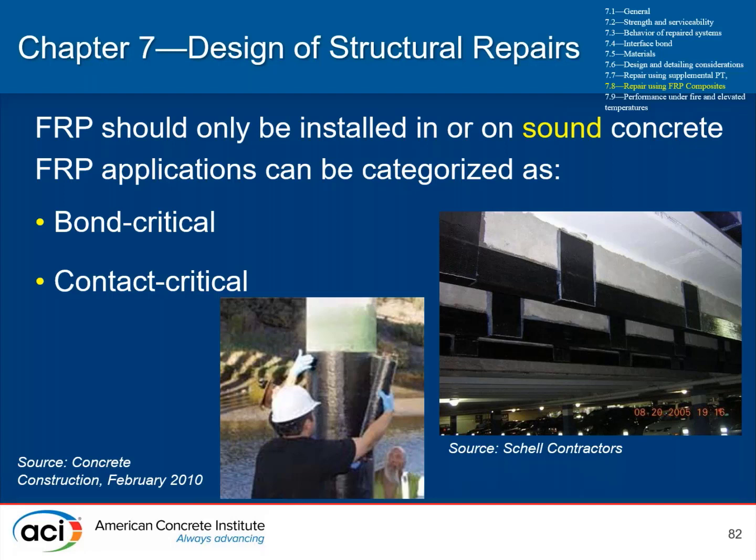Contact critical is where the connection on the contact between the FRP and itself is of critical importance. And you can see in the lower left picture, for instance, where you are confining a column, that is a contact critical situation.